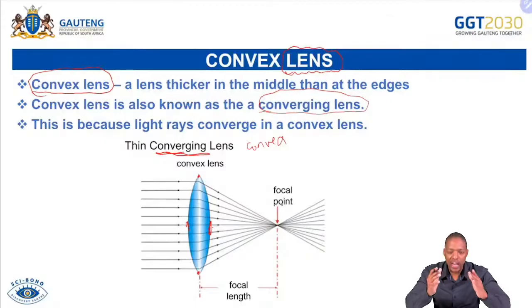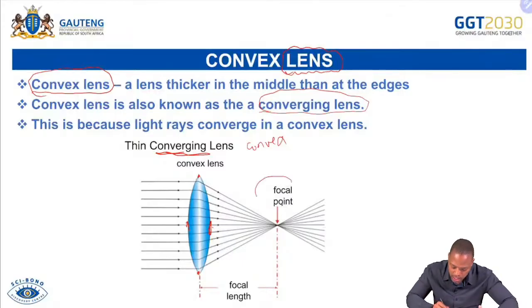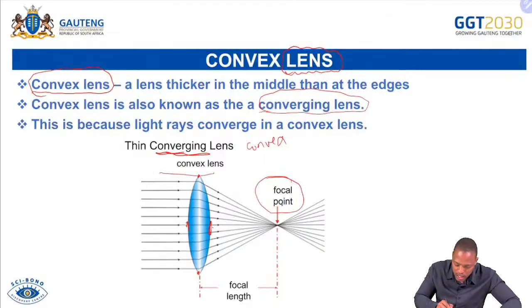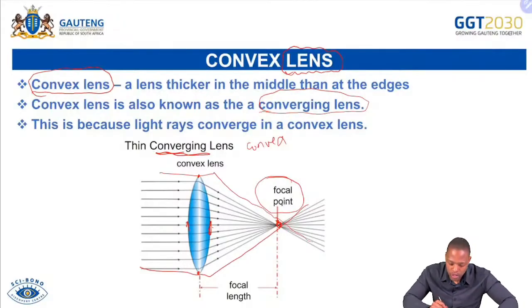This is because light rays, when they pass through a convex lens, get refracted. Again, very important. Refraction helps us with these lenses. They get refracted in such a way that it's as if they are chasing a certain point that they are focusing on, and that point is called the what?